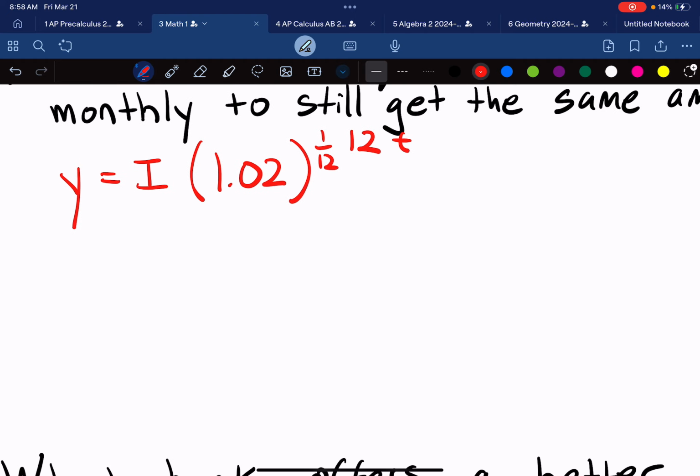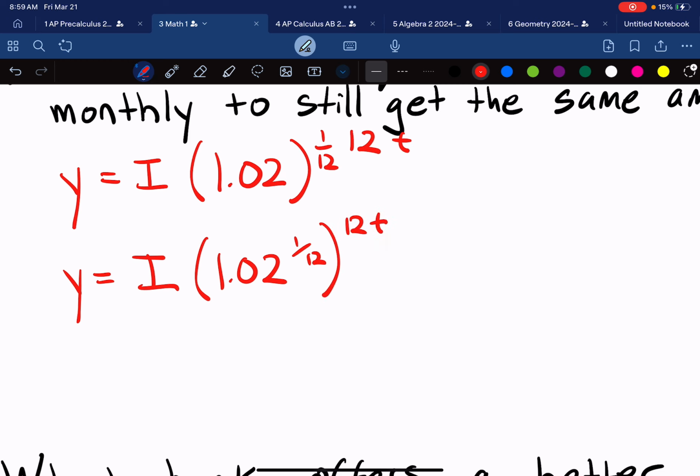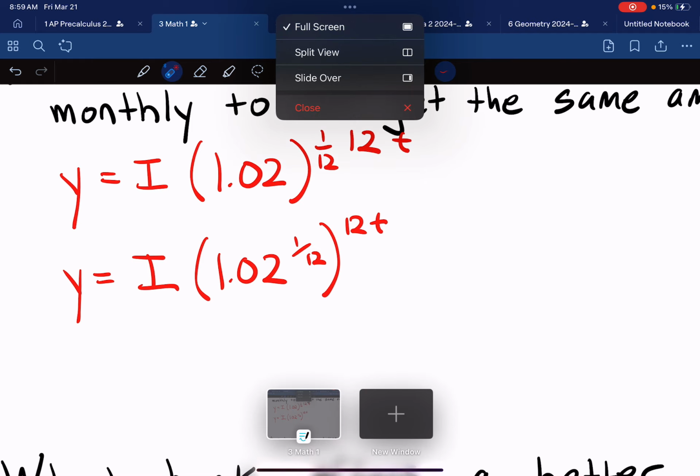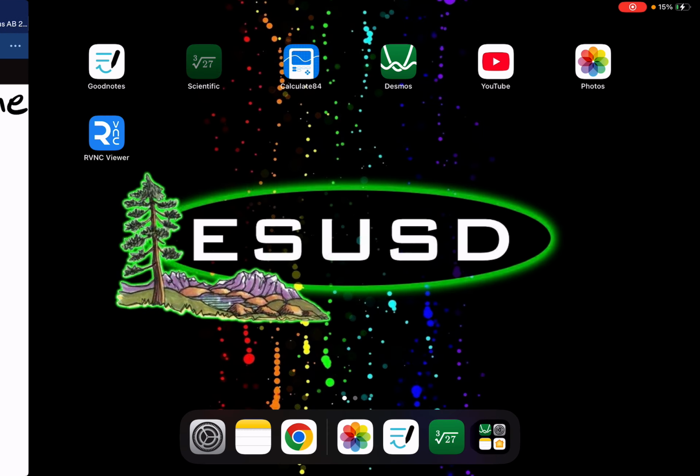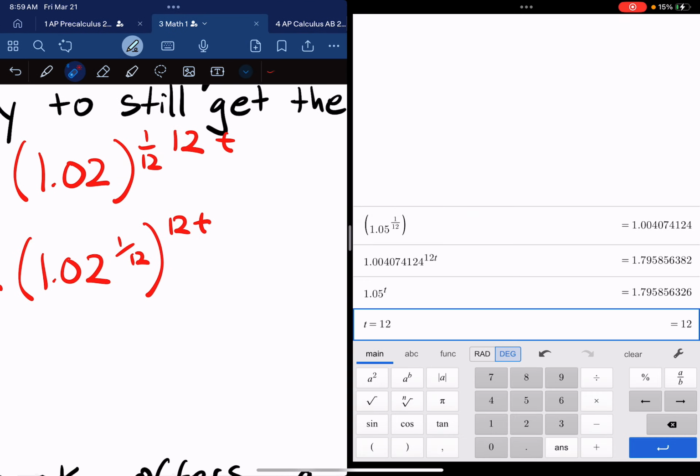And this is the exact same process that we did before. So I say, okay, now y is going to be equal to that initial value times 1.02 to the power of 1/12, all to the power of 12t, and then I can figure out what is 1.02 to the power of 1/12. And again, let's pull back up our calculator, and I can clear everything.